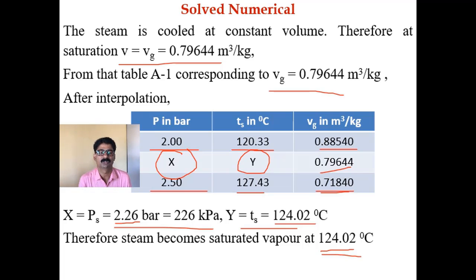This is how you find the temperature or pressure at which the cooled steam becomes saturated, starting from 3 bar and 250 degrees Celsius. So at 2.26 bar and 124.02 degrees Celsius, it becomes saturated vapor. Very good.